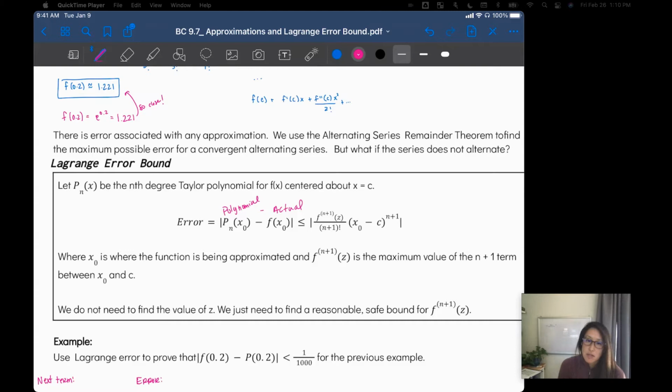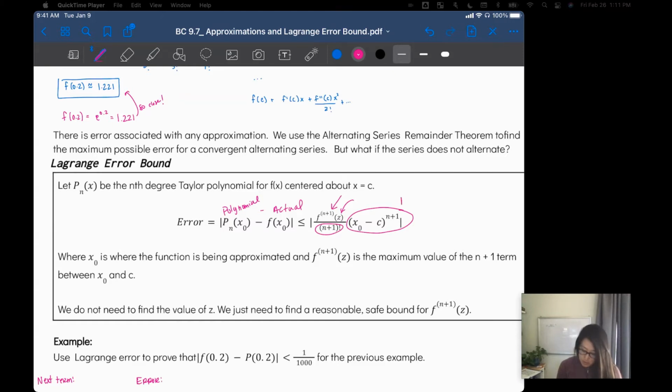And that error is going to be less than the next derivative, the first unused derivative, at some value of z that is going to be the highest value that we're going to estimate, and then over n plus 1 factorial, times x minus c to the n plus 1.